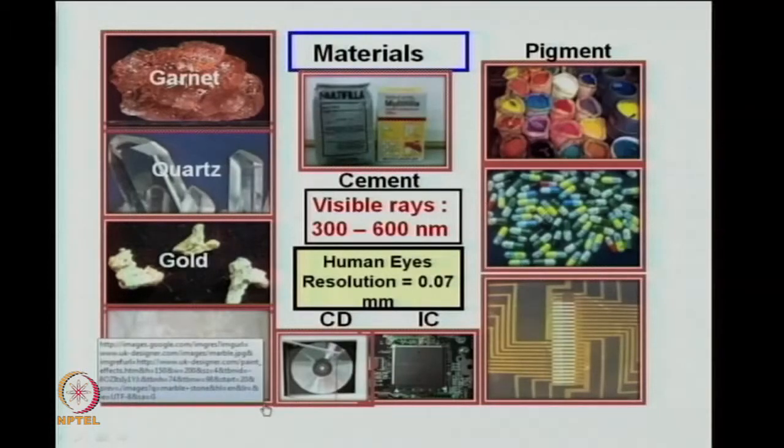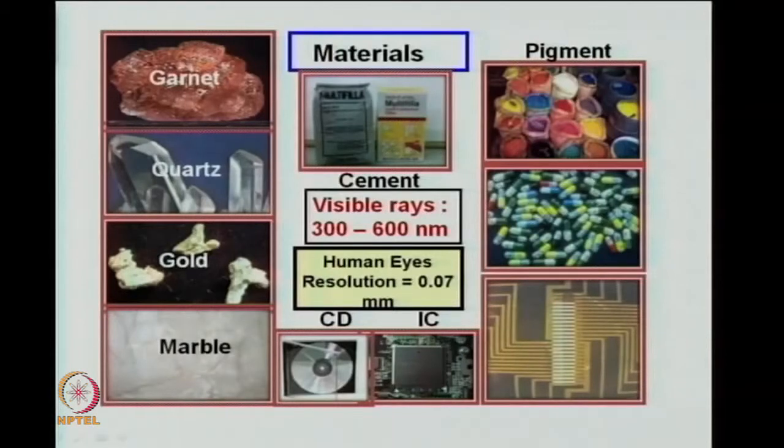There are many naturally occurring elements and compounds which occur in the earth, and there are man-made materials. For example, you have cement or a compact disc or an IC chip, which are made up of different kinds of materials. For example, silicon is the material for an IC chip, and you have several interconnects made of silver which make the connections in an IC chip.